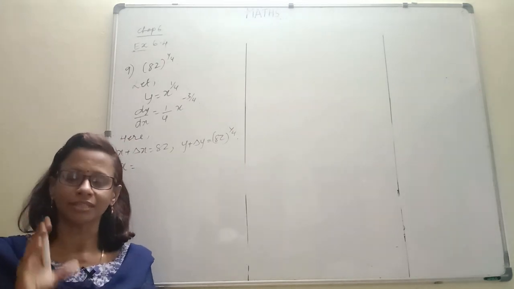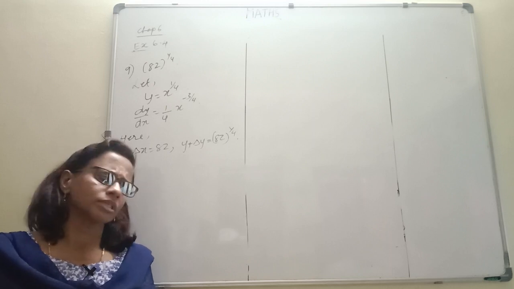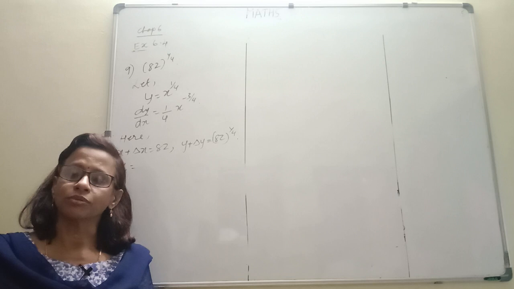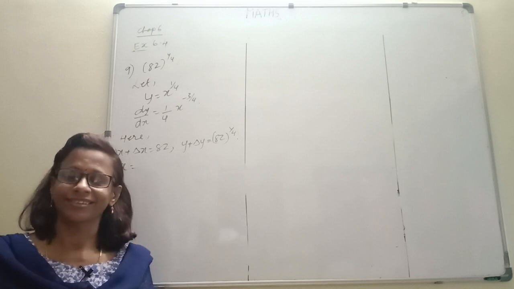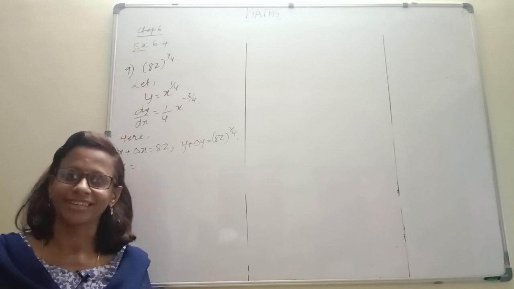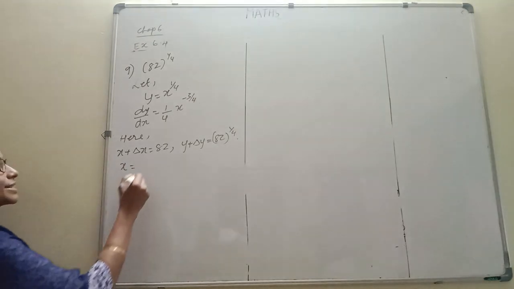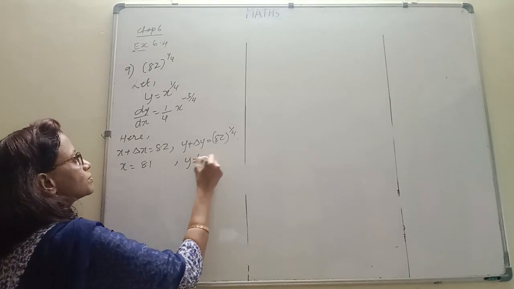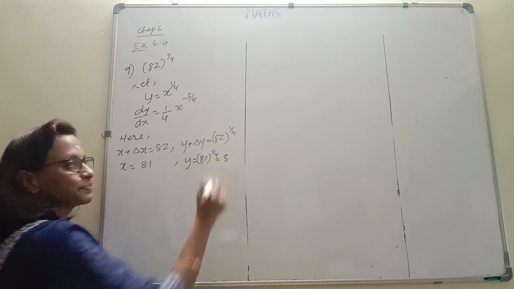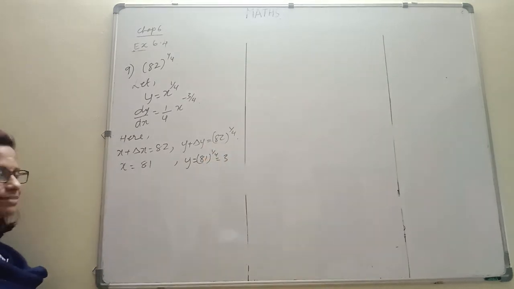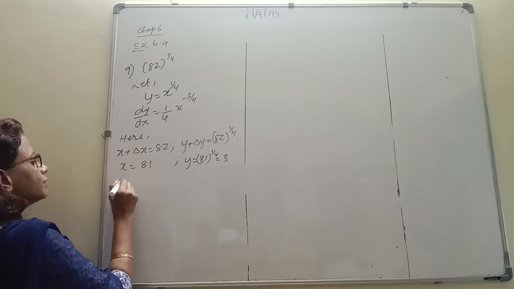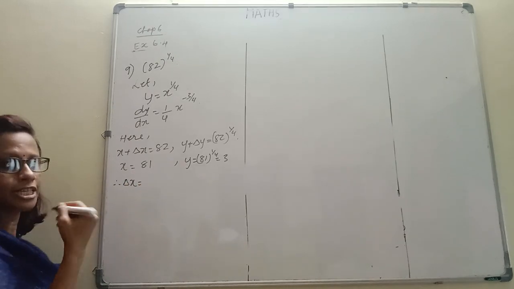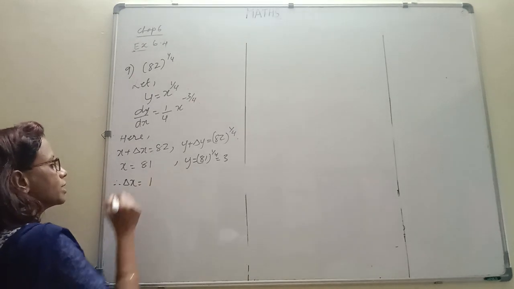In the vicinity of 82, we have 81, whose fourth root is 3. So we can take x as 81, because y is 81 raised to 1 by 4, which is 3, since 3 raised to 4 is 81. Then delta x is x plus delta x minus x, so 82 minus 81, which is 1.